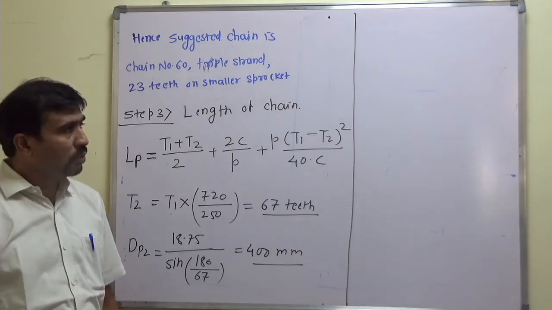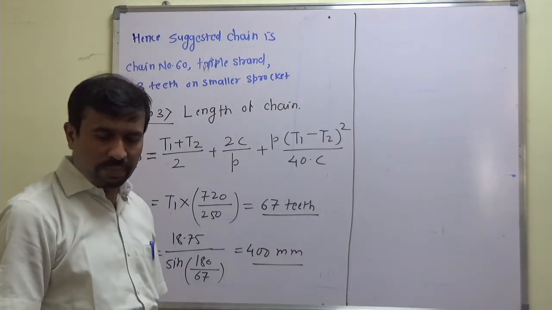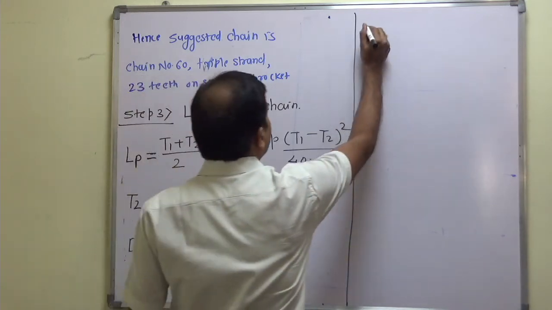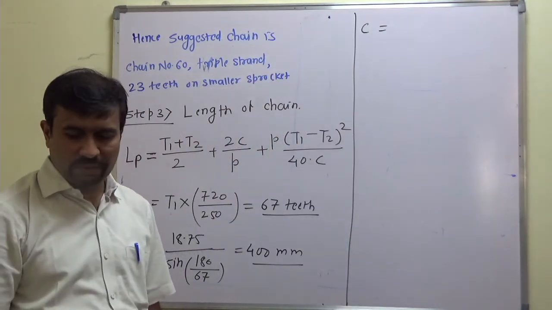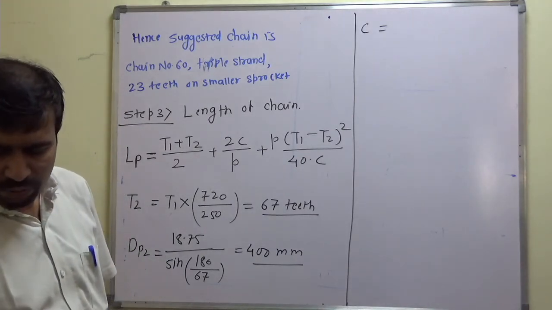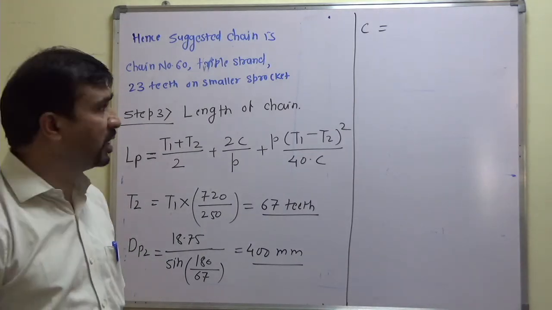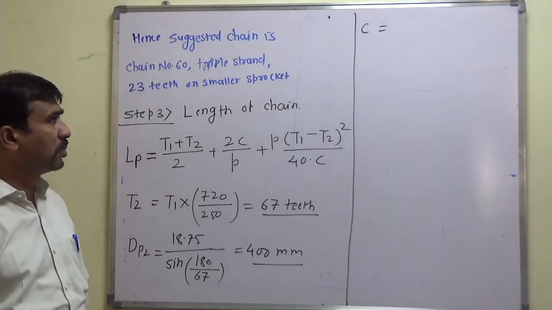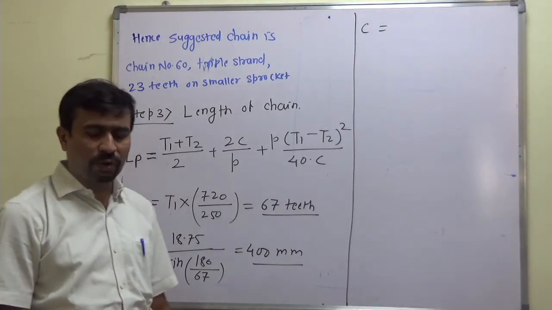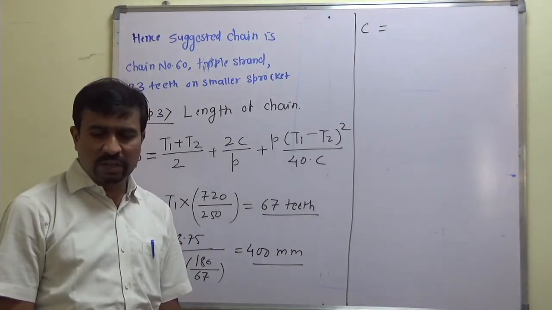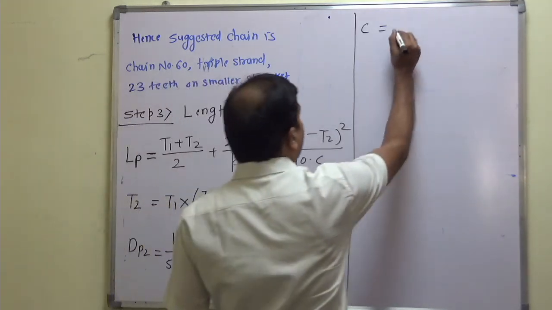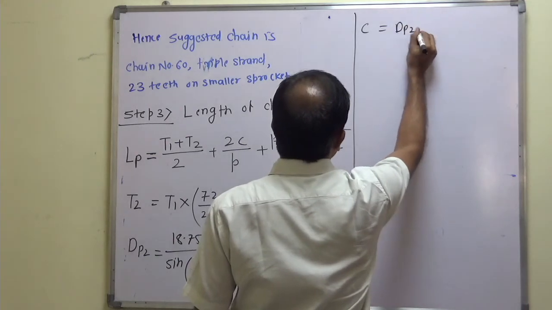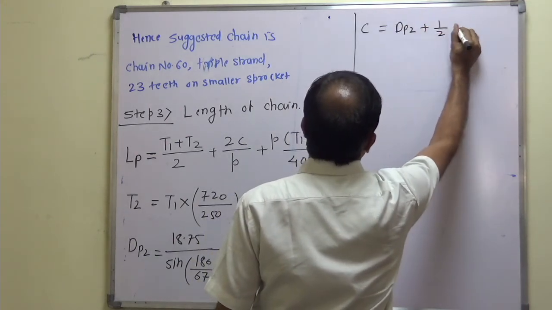From table number 14.3 you can see the various expressions for the center distance. Suppose we select center distance equal to diameter of larger sprocket plus half diameter of smaller sprocket. So C is equal to dp2 plus half dp1.